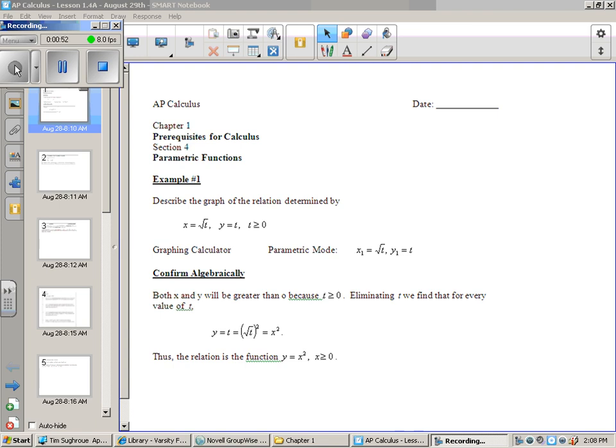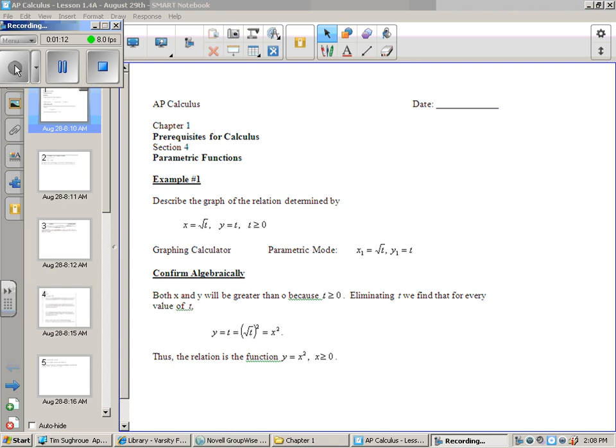So parametric mode is very helpful, particularly when we're trying to graph things that are not a standard function, such as ellipses, hyperbolas, sideways parabolas, curves that are not functions that can be written y in terms of x. So we're going to look at a lot of those situations.